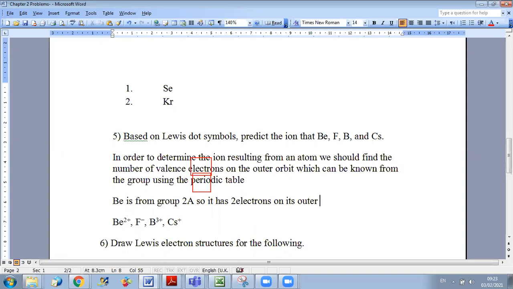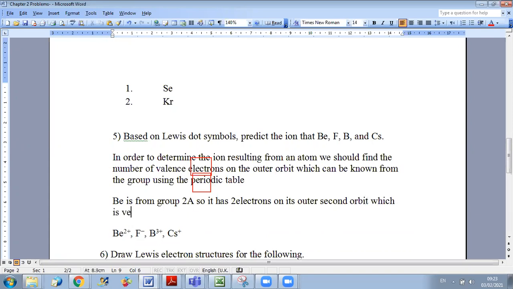This is very far from the stable set of 8, so it will tend to lose 2 electrons to give the ion Be2+.